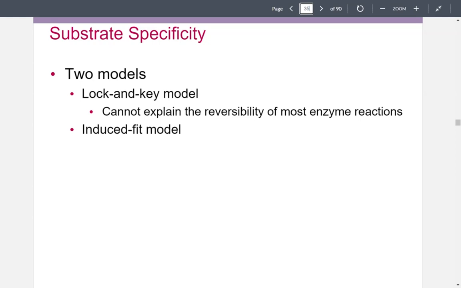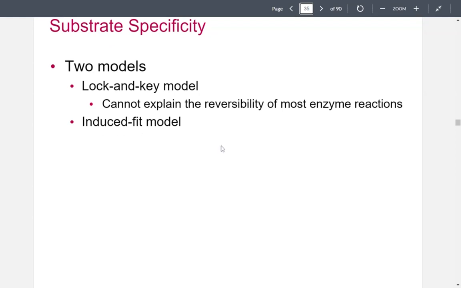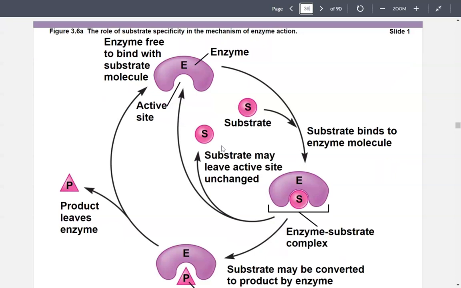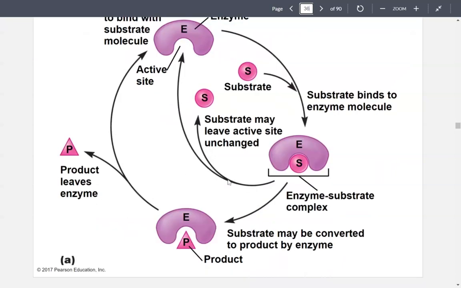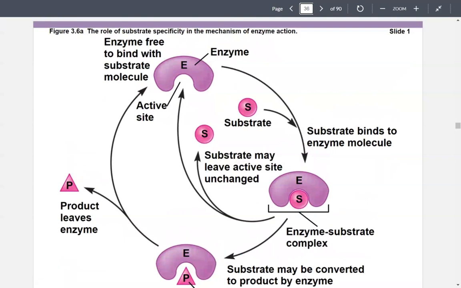Because of that ability to reverse, the lock and key model doesn't quite fit that, which is where the induced fit model comes into play. So with the induced fit model, it is close enough and the enzyme will mold to it.